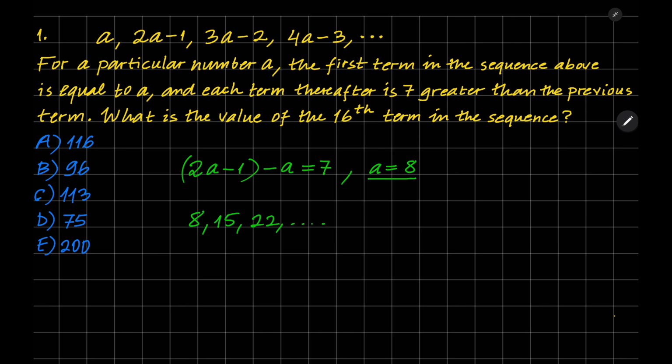You can either continue to write out the sequence until the 16th term, or realize that the 16th term is 16a minus 15, which is equal to 16 times 8 minus 15, which is equal to 113.